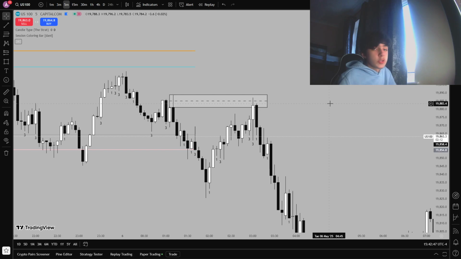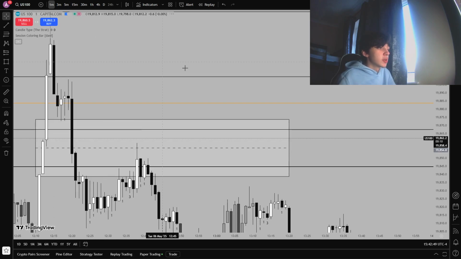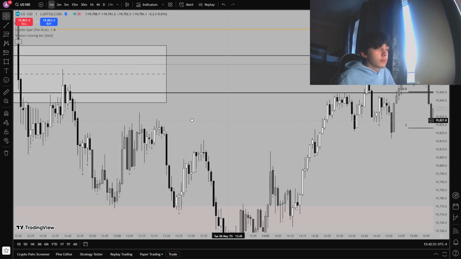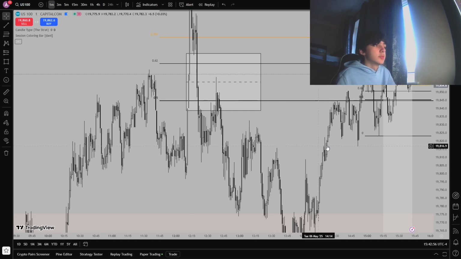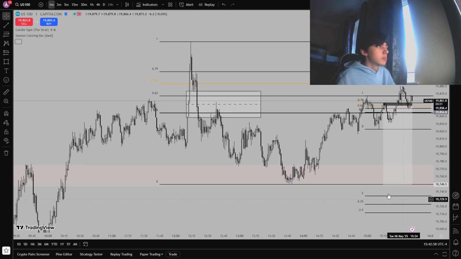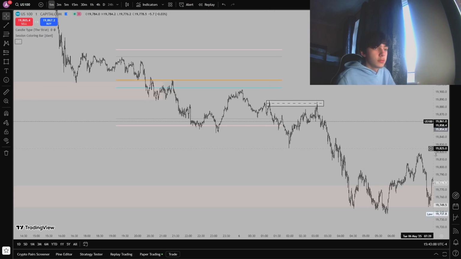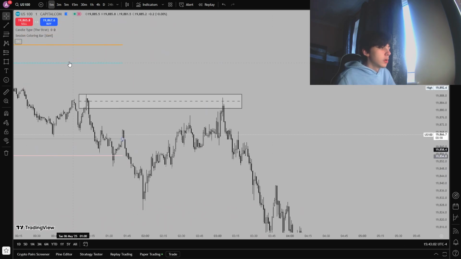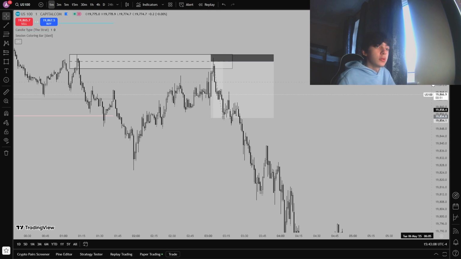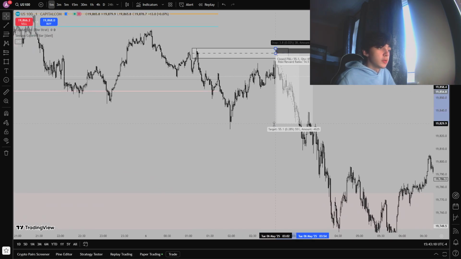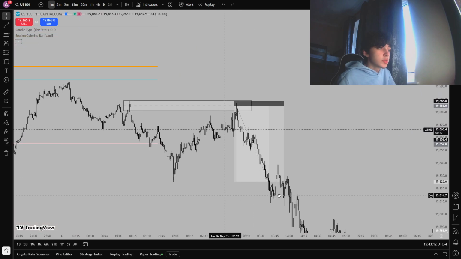After that, it was a straight entry. I did not need to wait for a second entry. It was back here. I entered in the middle of the rejection block, stops there, and if I remember, my TP was like 17R.